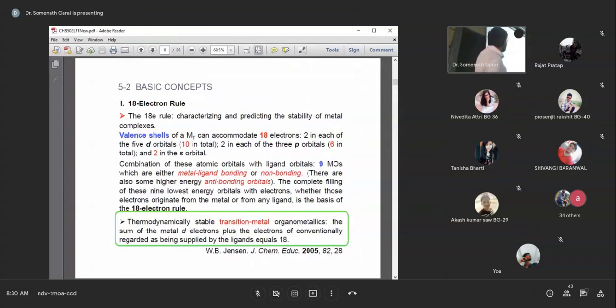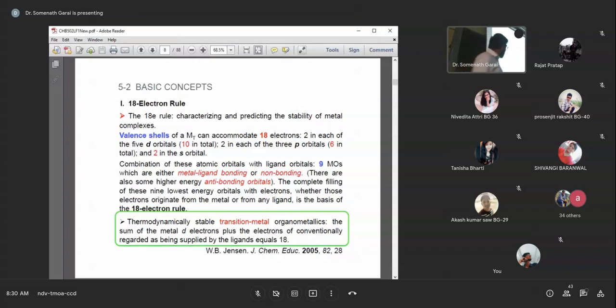Because altogether there will be 4 d orbitals, 3 plus 1, so 4 plus 3 plus 1, that is 8, and 8 into 2 equals 16. So the total electron count will come to 16. Exactly like that way it will go.